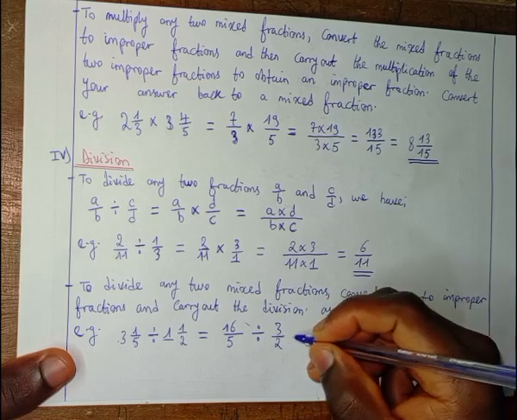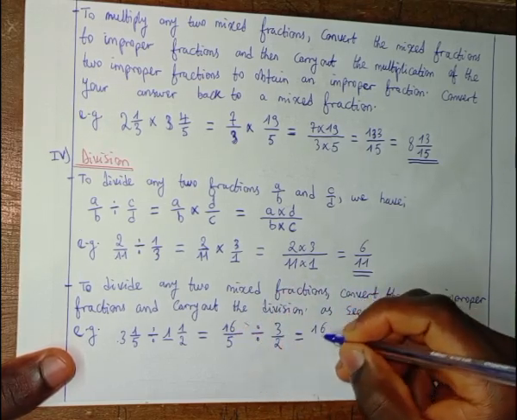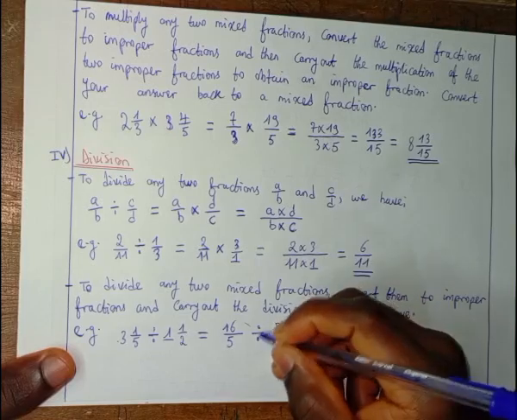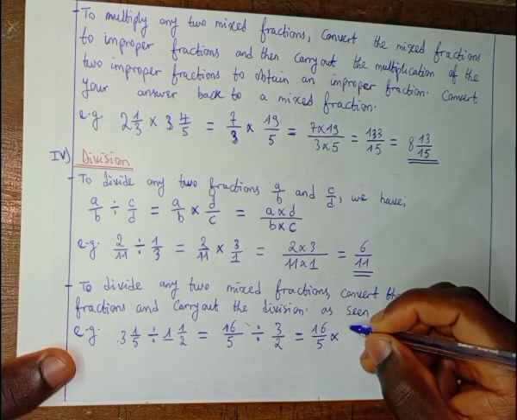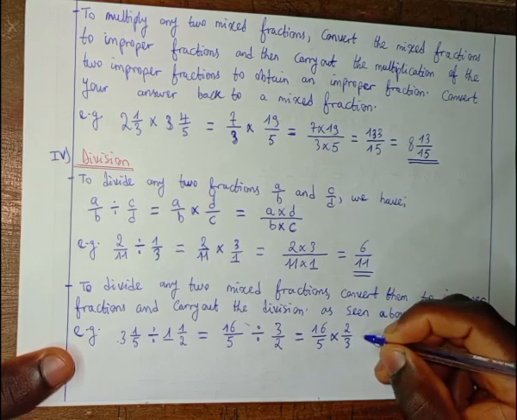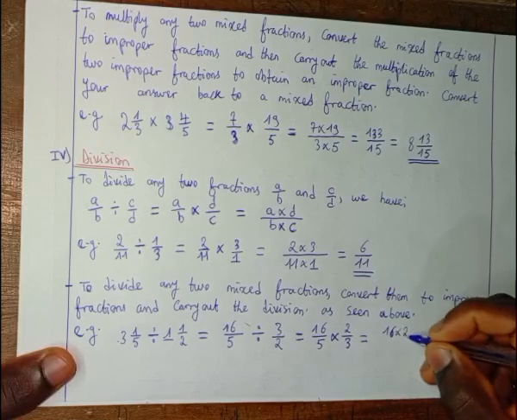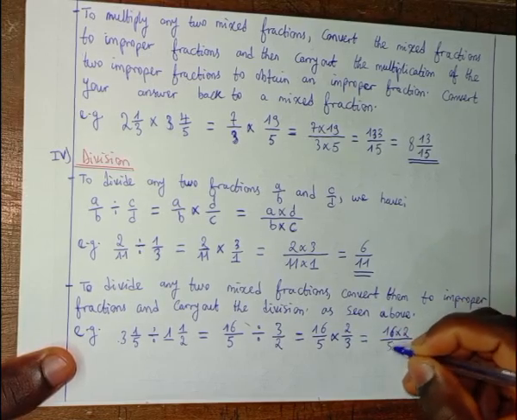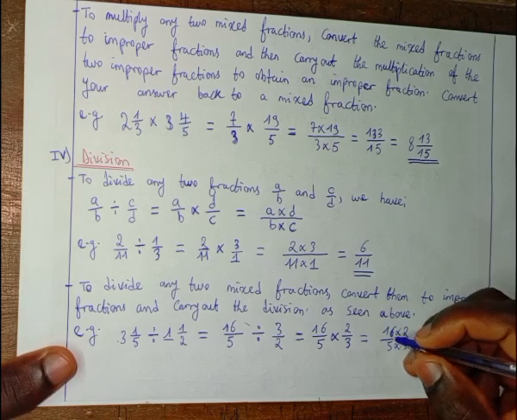We know this will simply be equal to, we are going to maintain the first fraction, 16 over 5. We change the division to multiplication, then we invert the second fraction. 2 goes up, 3 comes down. This will simply be equal to 16 times 2 over 5 times 3, which will simply be equal to 32 over 15.